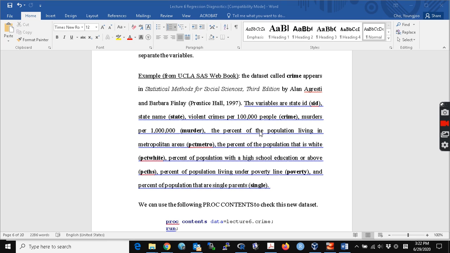So here our interest is to look at the association between crime and other factors. So how the crime would change by the change in the possible factors.